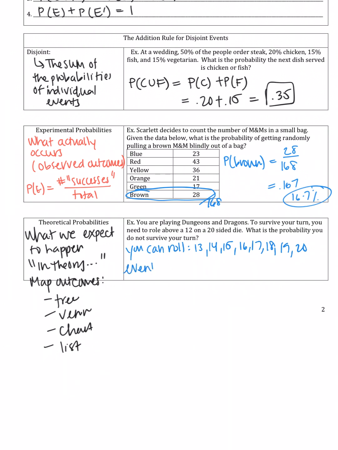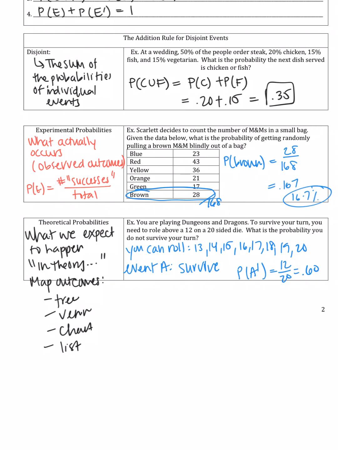So remember, event A is you survive your turn. So the probability of that not happening is 12 out of 20. Or the probability of event B, you die, is 12 over 20 still, and that's 0.60.